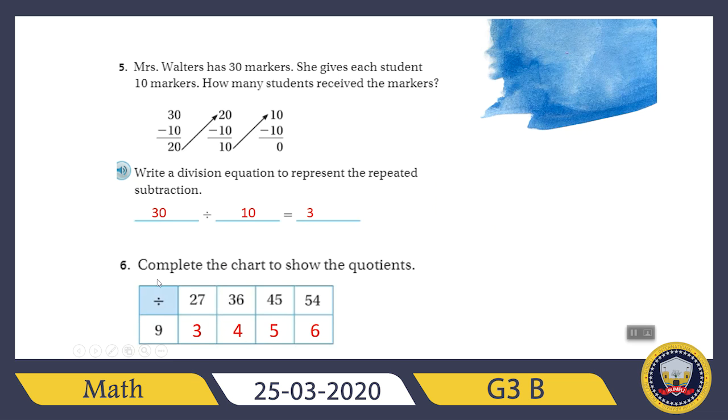Next question. Complete each chart to show the quotients. 27 divided by 9 equals what?